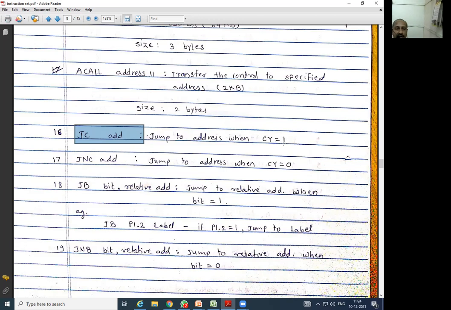इथं ह्या ऍडच्या ठिकाणी काहीतरी ऍड्रेस असणार आहे. जर कॅरी 1 असेल तर the control goes to that particular address. So how will it come to know whether carry is equal to 1, कसा चेक करायचा? It has to go to the control register, as we have seen.